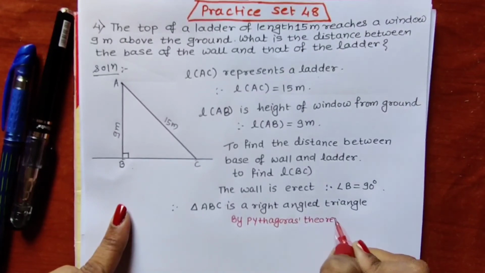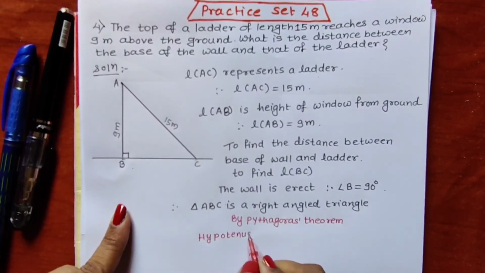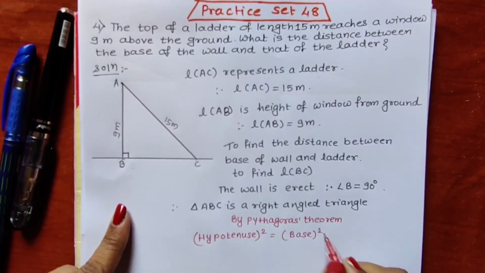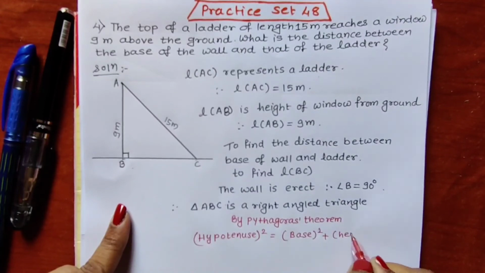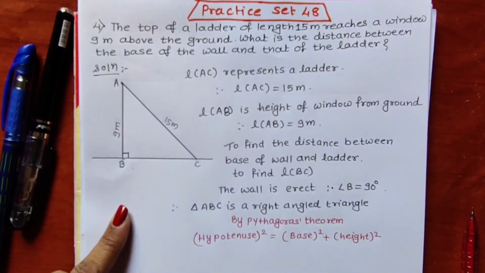Now after writing by Pythagoras theorem, what should be written? The formula. Hypotenuse square is equal to base square plus height square. Now the hypotenuse is AC, so we write length AC square.